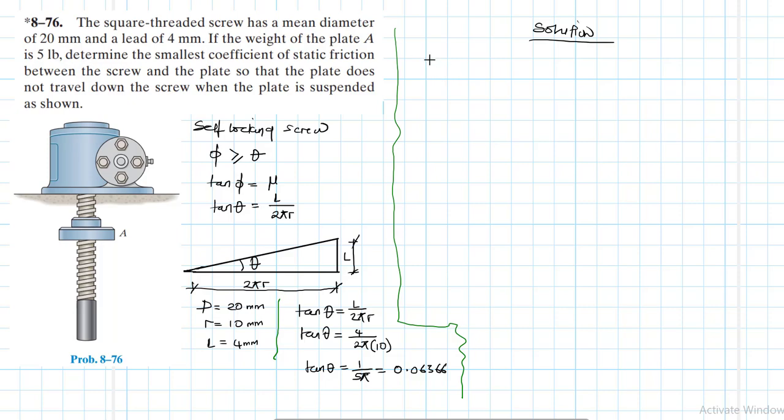Then we already have said that for the self-locking to occur, phi must be either greater or equal to theta. But of course we are going to use the condition phi equal to theta so that we find the minimum value of phi. So with the minimum value of phi, then we have the minimum coefficient.